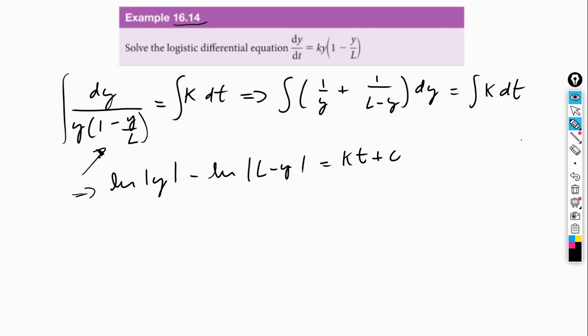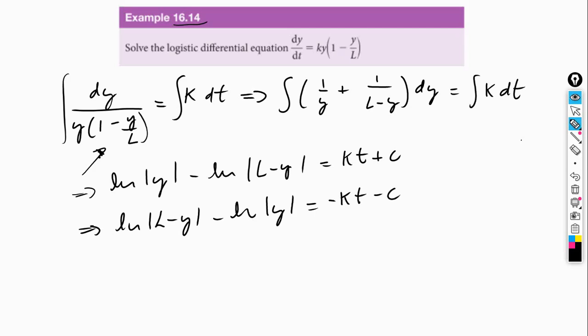Now, we need to solve for y, so we are going to rearrange this equation into this other expression. It's going to be the natural logarithm of the absolute value of L minus y minus the natural logarithm of the absolute value of y, which is now going to equal minus kt minus c.